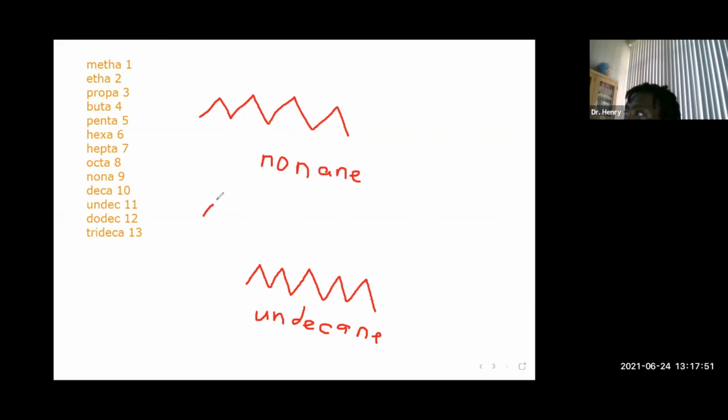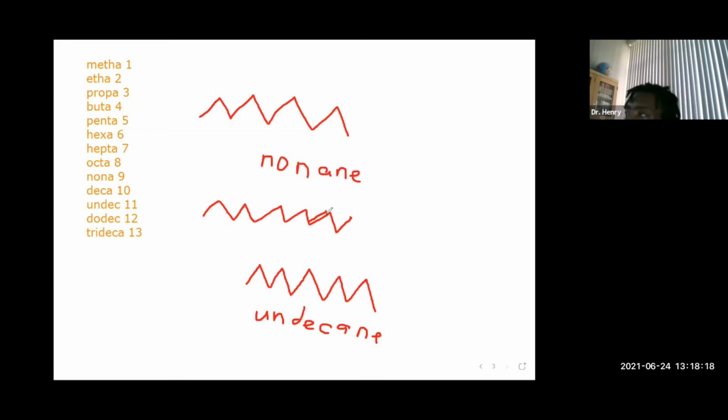Okay, so if I have a double bond, this guy has 1, 2, 3, 4, 5, 6, 7, 8, 9, 10, 11, 12 carbons. And it has a double bond.